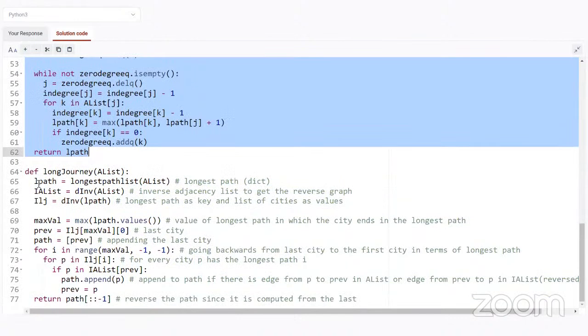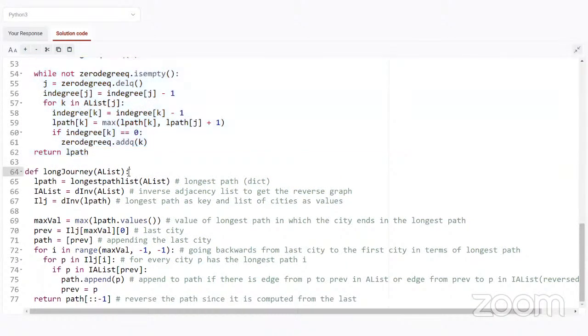And this is the main function, longest journey. So for the longest path, we are getting the longest path from this application, then the D list, inverse adjacent list, path.